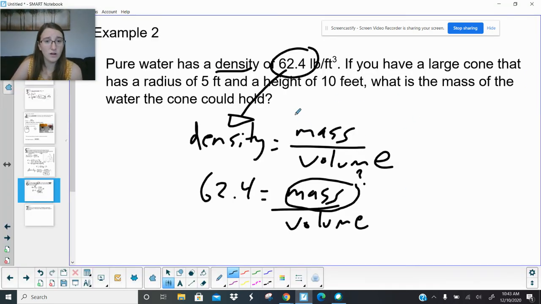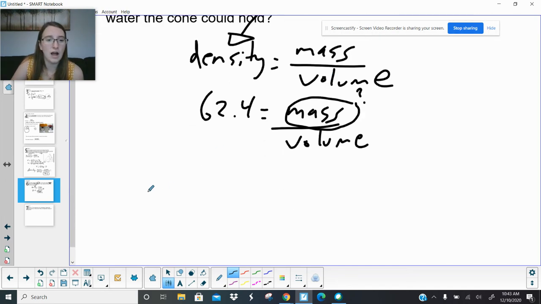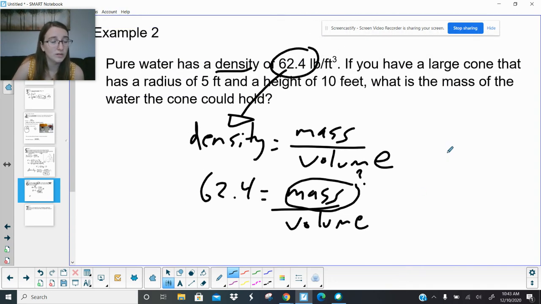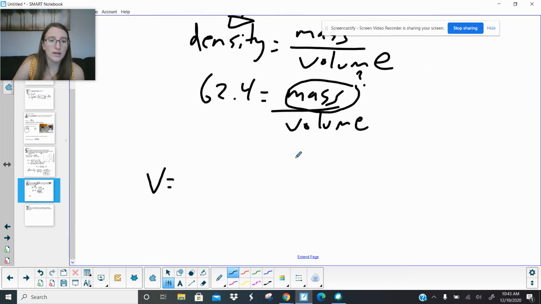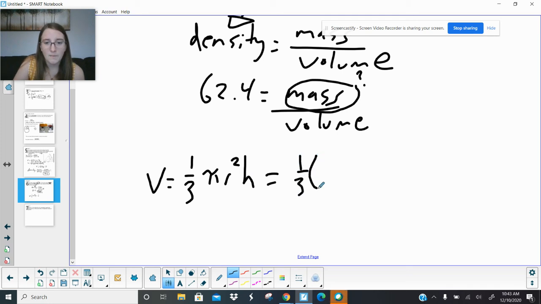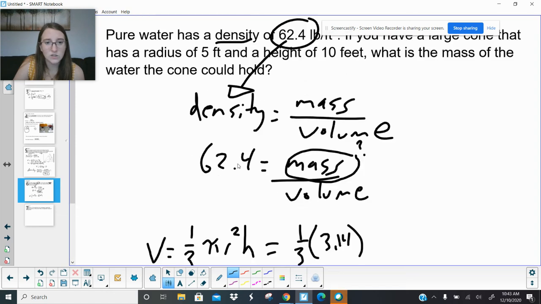So let's find the volume. This is a cone, radius 5 feet and height 10 feet. Copy the formula for volume of a cone and see if you can plug in the radius and the height and get your answer. Okay, volume of a cone. I don't have a picture, but that's okay because this is pretty straightforward. Cone is 1/3 pi r squared times the height. Pi is 3.14. Radius squared, let's look up.